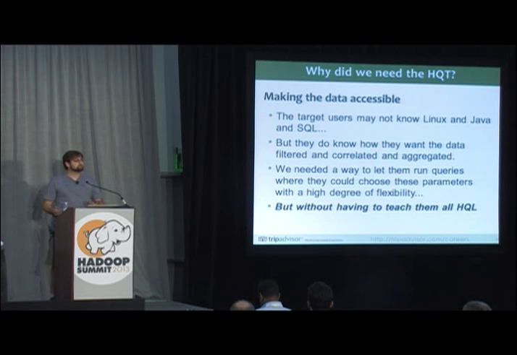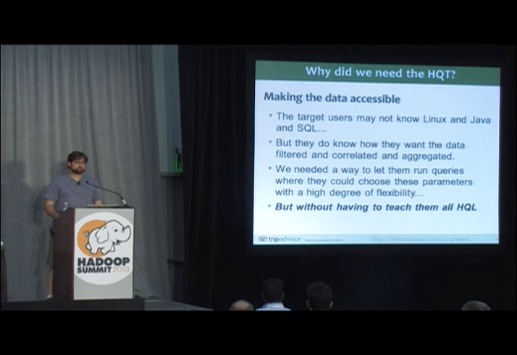They don't know SQL, but they know kind of how they want to filter. A customer says, hey, we want to know what our clicks were for last month, grouped by geolocation, but don't count clicks through pop-ups.